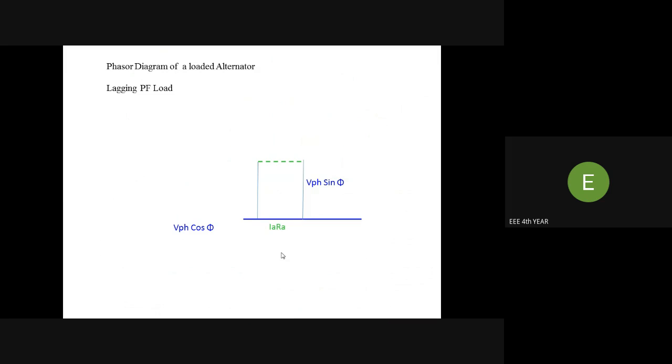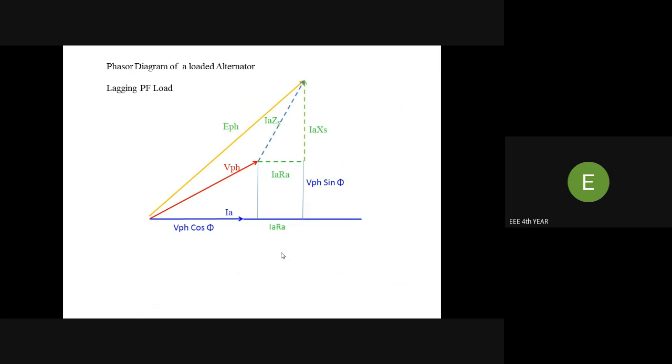Next type of load, lagging power factor load. We take Ia as reference. The Ia Ra drop is also drawn along the dotted line. At right angles, the Ia Xs drop is drawn. Finally, the impedance drop is also drawn.